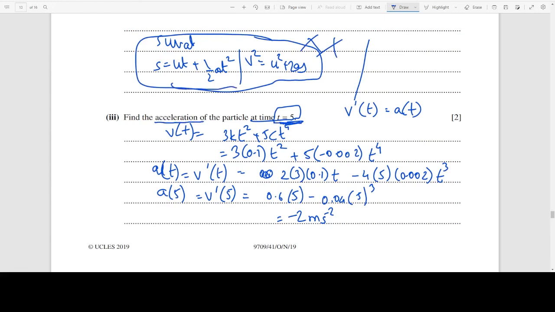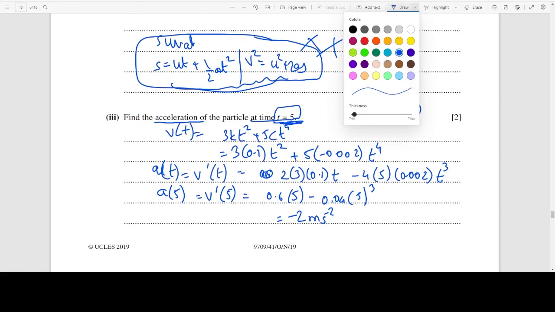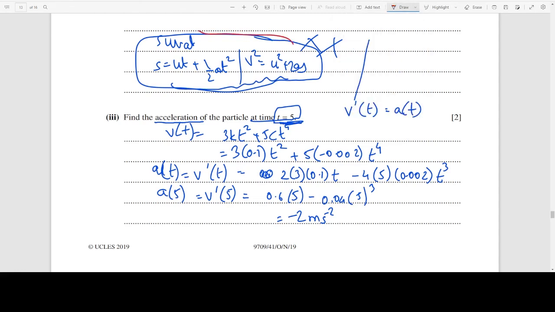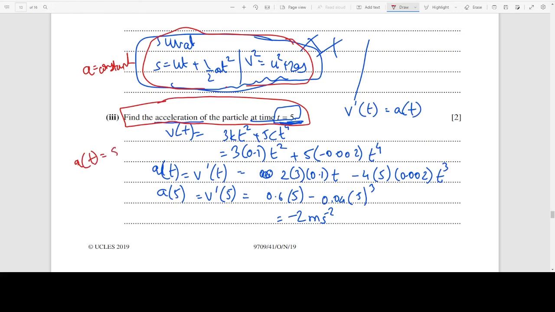In these SUVAT equations, we consider acceleration to be constant. But in these kinds of questions, you have an equation for acceleration, which depends on t, so as the value of t changes, the value of acceleration changes. So acceleration is not constant, and you cannot use these equations over here.